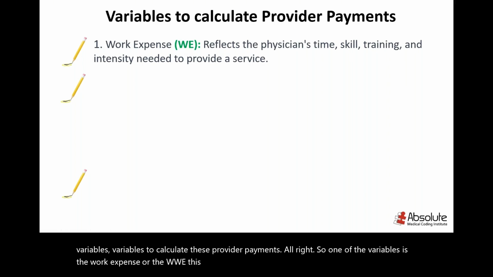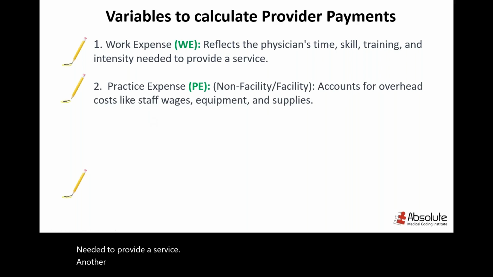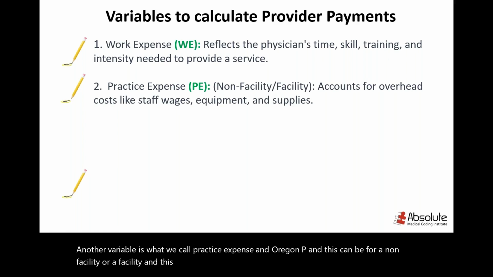This reflects the physician's time, skill, training, and intensity needed to provide a service. Another variable is what we call practice expense, or PE, and this can be for a non-facility or a facility, and this variable accounts for the overhead cost like staff wages, equipment, and supplies.